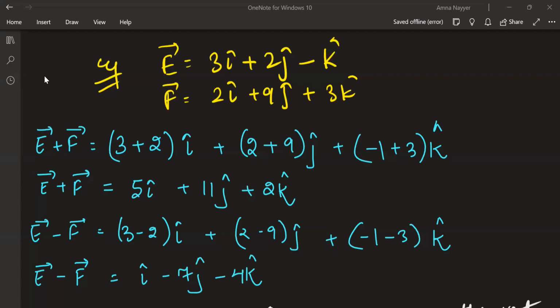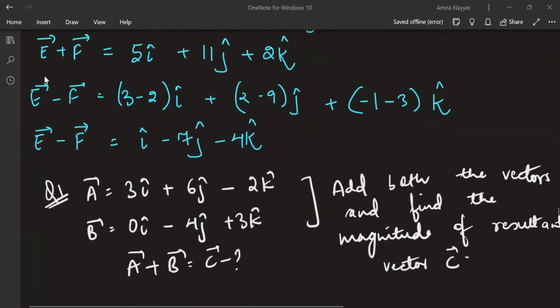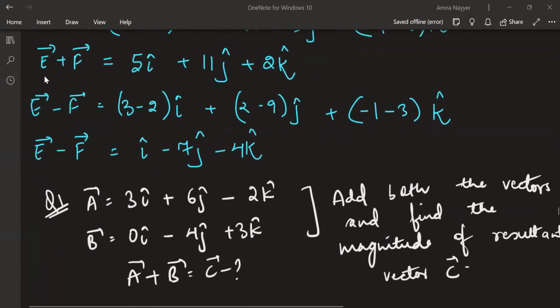Done, ma'am. Ma'am, what do you mean find the magnitude of the resultant vector C? Add these two vectors A and B, and whatever vector you get, then calculate its magnitude. Okay, ma'am.